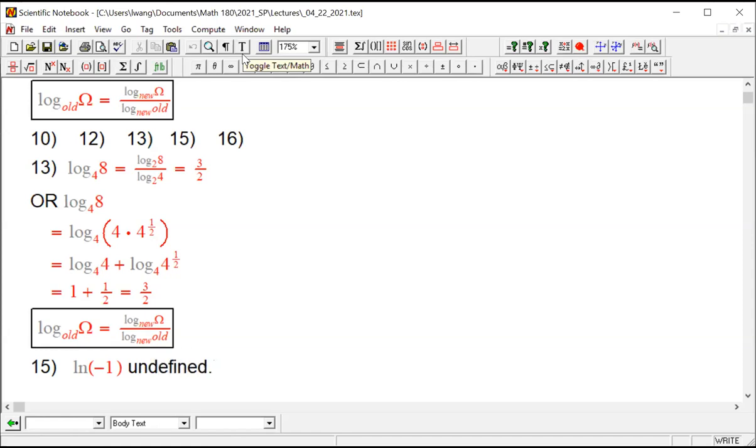In fact, when you look at these expressions, the first thing you should check is the domain. If it is in the domain, you just work it. If it's not in the domain, the answer is easy: undefined.